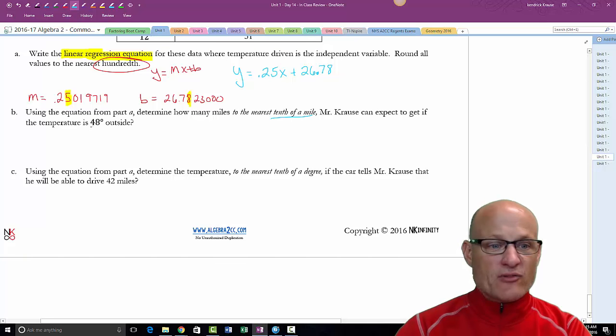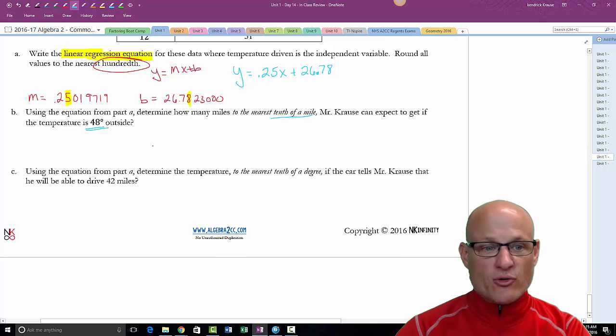All right. So from this equation in part A, determine the number of miles to the nearest tenth that I can expect to get if it's 48 degrees out. Remember, this is the temperature, the independent variable, so all I'm going to do is plug that in for x. So y equals 0.25 times 48 plus 26.78.